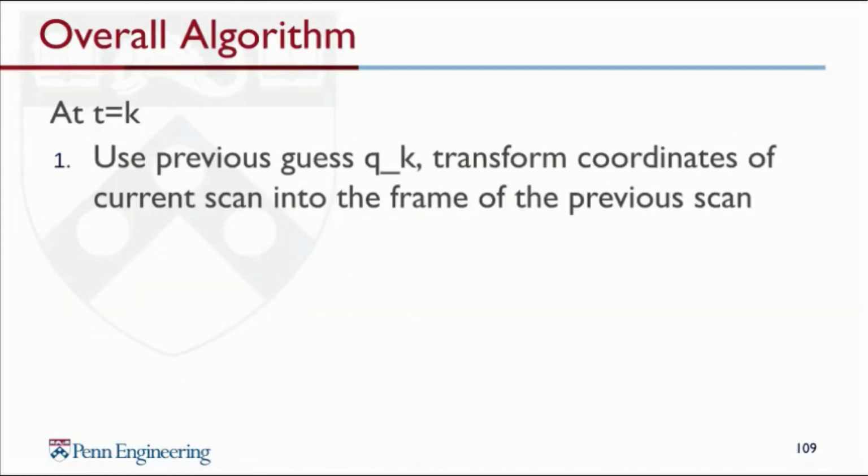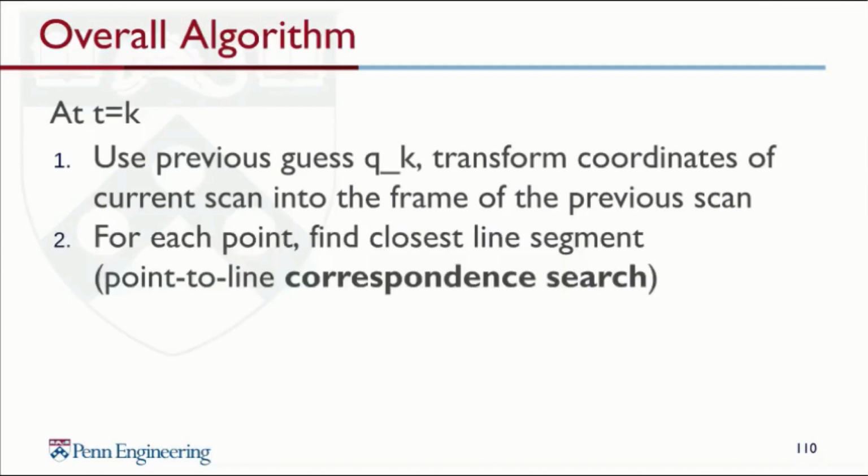Now, at any given iteration of the algorithm t equal to k, we use the previous guess q of k to transform the coordinates of the current scan into the frame of the previous scan. And then for each point, we find the closest line segment, which is the point-to-line correspondence search that we covered before.